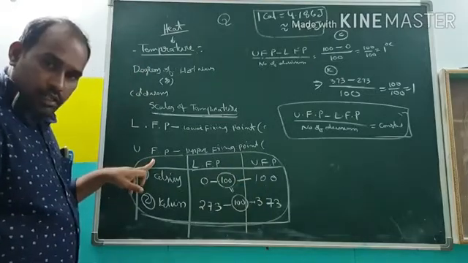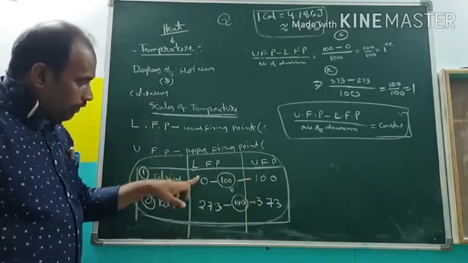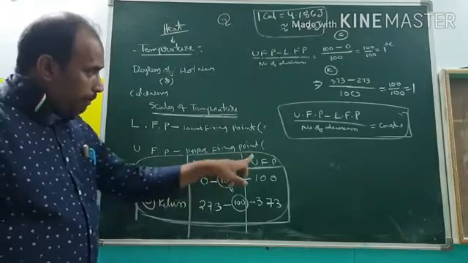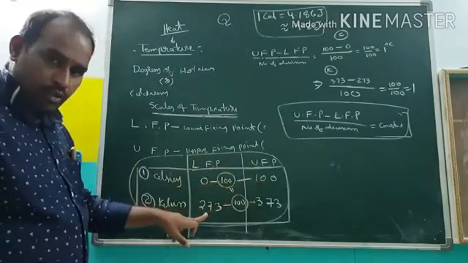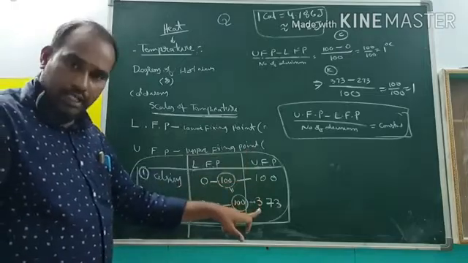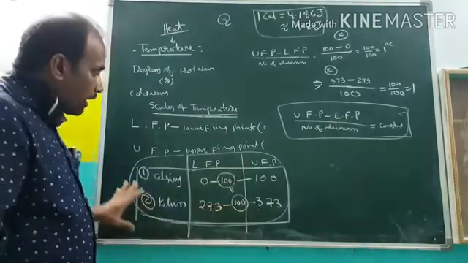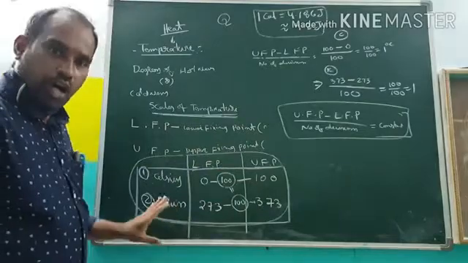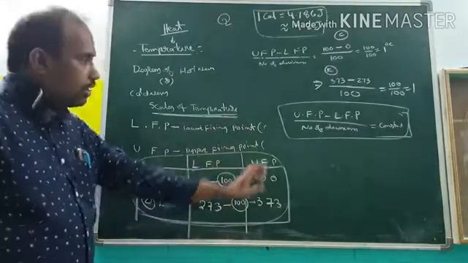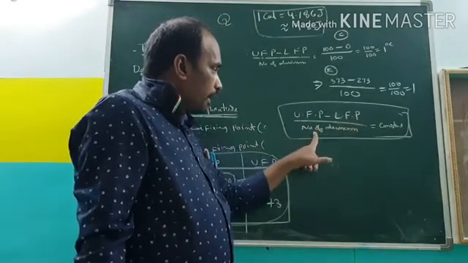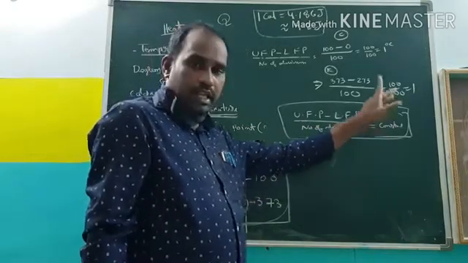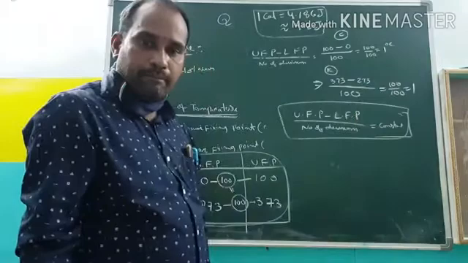In Celsius, the lower fixing point is 0 and the upper fixing point is 100. In Kelvin, the lower fixing point is 273 and the upper fixing point is 373. So what is the common formula for all scales? Upper fixing point minus lower fixing point by number of divisions is a constant value.